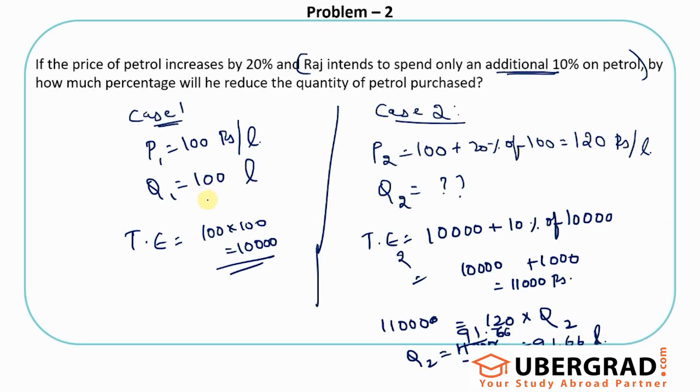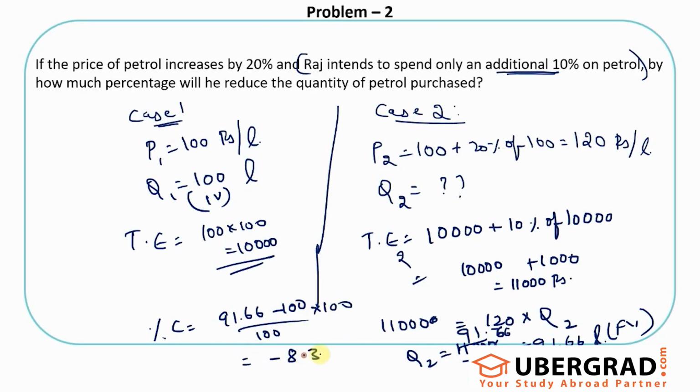Now the initial value was 100 liters, the final value is this. Now I need to do percentage change, final minus initial by initial into 100, it will simply turn out to be minus 8.33%. If you see this, I don't write this actually in real life when I solve, because the initial value is 100, I always know they'll get cancelled.